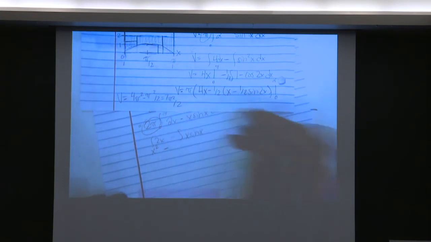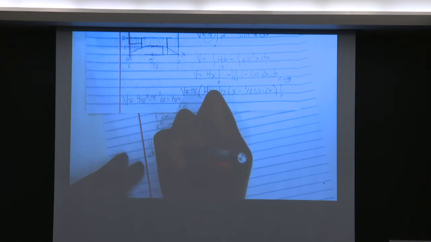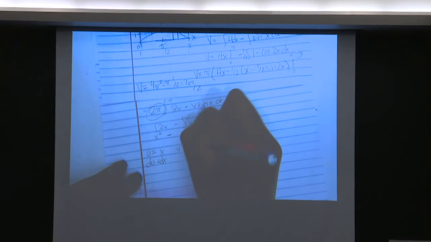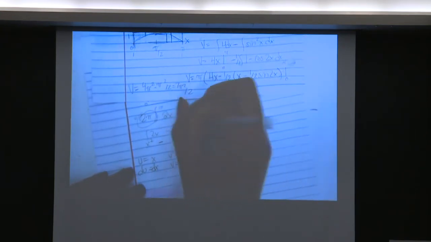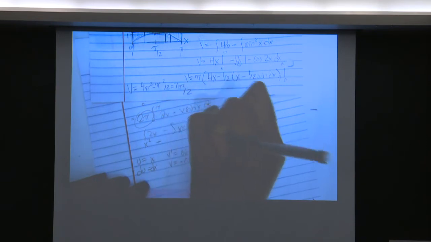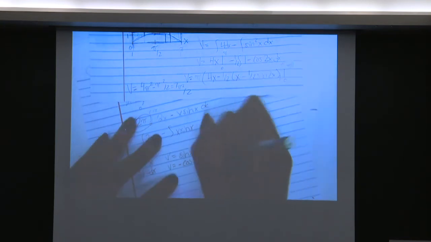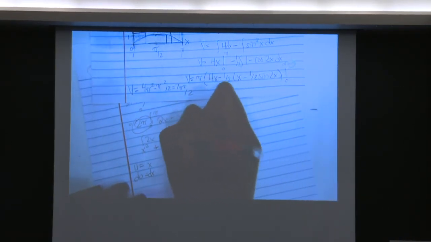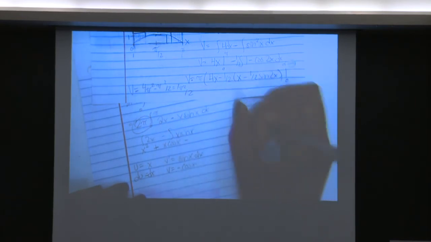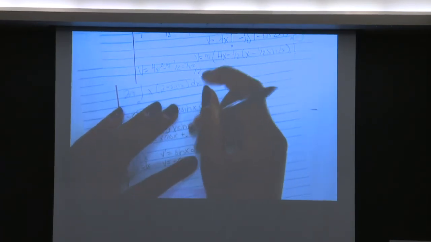U equals, so UV. Plus. Negative, so I'm going to put that outside of cosine x, and then that gives me sine x.